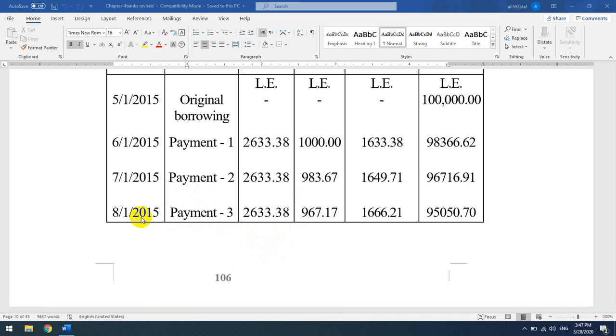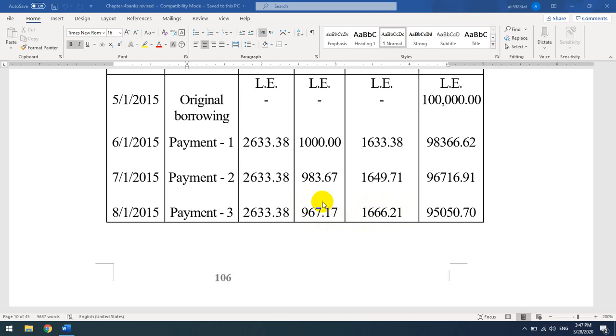The payment number 3 by the end of July and the first day of August equals 2,633. Payments, as you know before, are equal amounts, which should be paid by the end of each month. So from this amount, how much represents interest and how much represents a reduction of the principal?